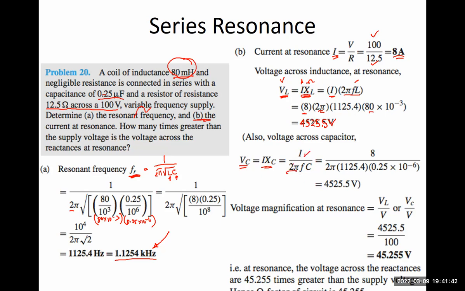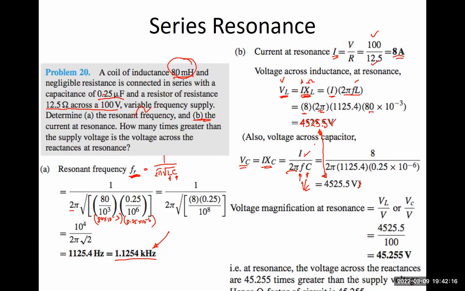We have a frequency of 1125.4 and we have a capacitance equal to 0.25 microfarad. Okay, and then substituting them, we could now determine the voltage across the capacitor, which is equal to 4525.5 volts. Okay. So, makikita nyo, di ba, parehas yung VL at saka yung ating VC. Okay?